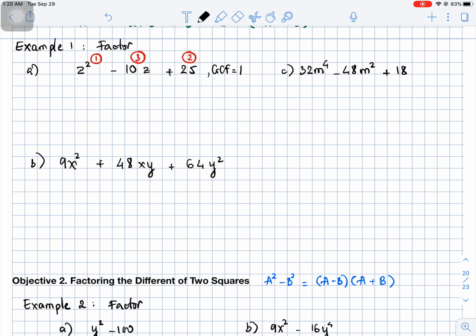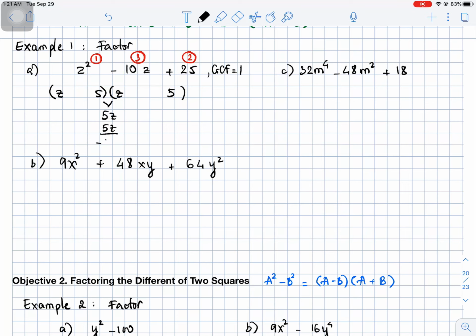This is the trinomial, and you remember the steps 1, 2, and 3, right? Now we have two parentheses, and you notice that in this problem we do not have anything in common, so the greatest common factor is 1. Then you have z and z, and to get 25 is 5 and 5.